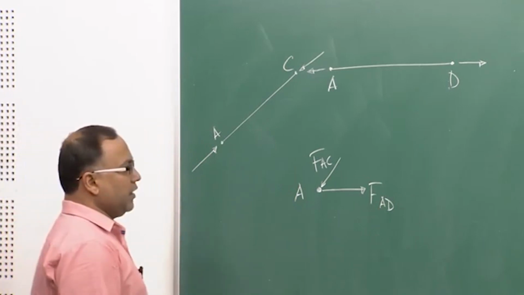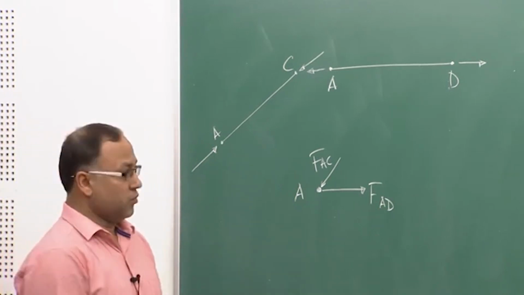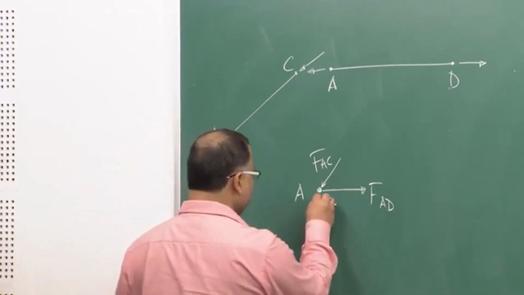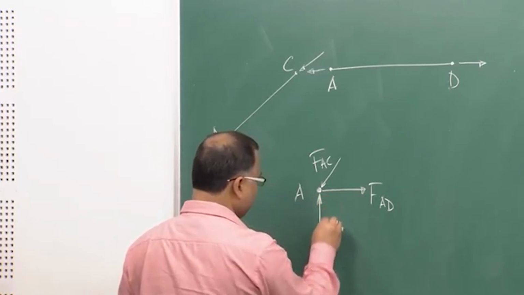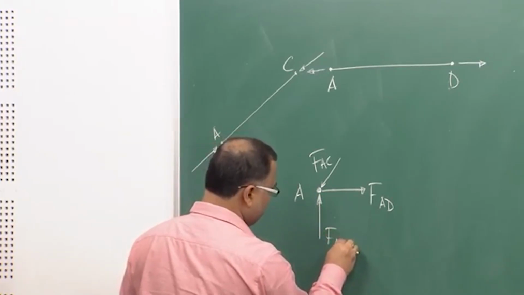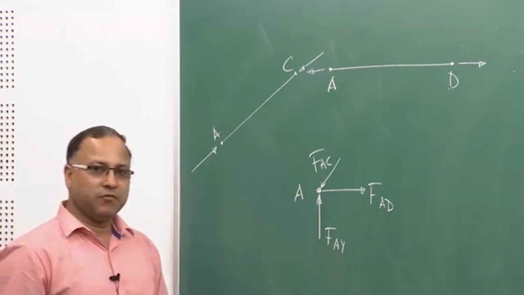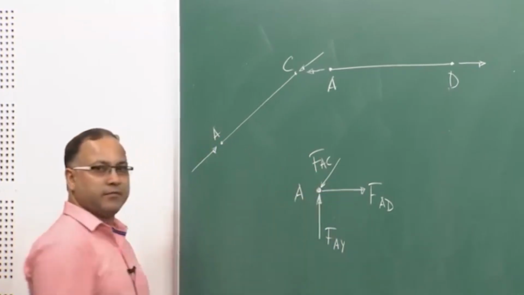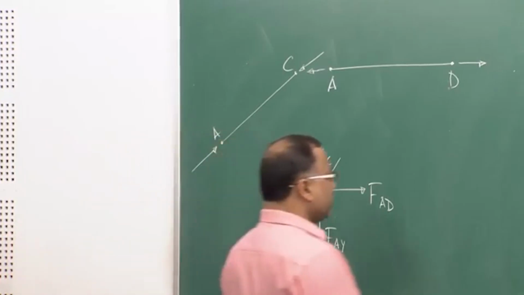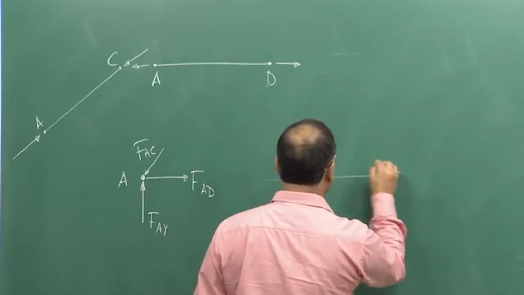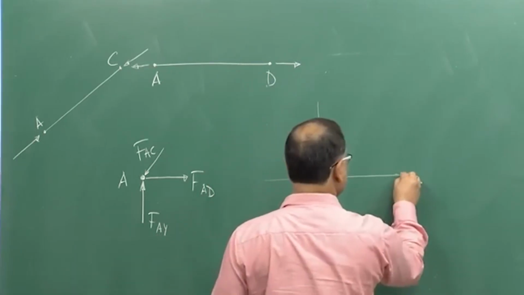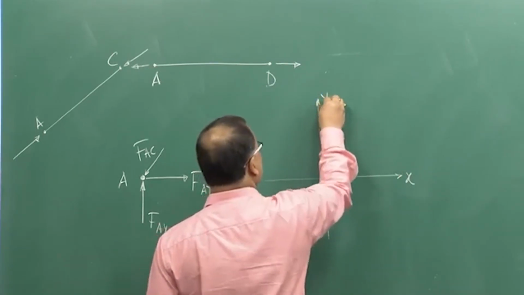Okay. Any other force at joint A? Of course, the reaction force. If Ax is 0, so simply you have FAY. So, these are the forces acting at joint A. So, in the xy coordinate frame, if you plot this, this is your x, this is your y.